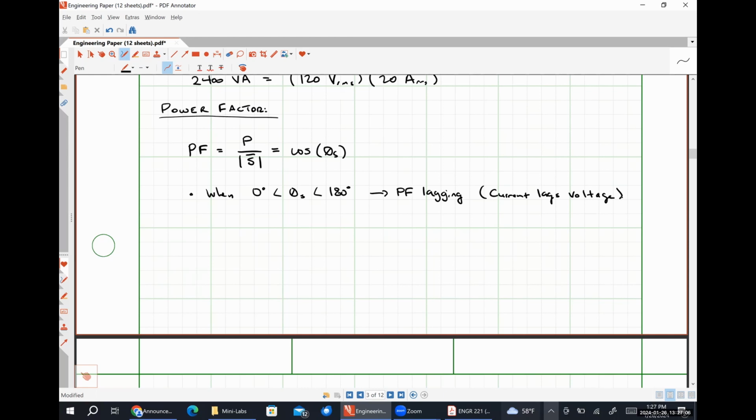So what types of systems have current lagging the voltage? An inductive load, absolutely, but not a purely inductive load.